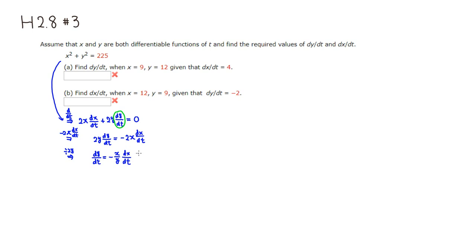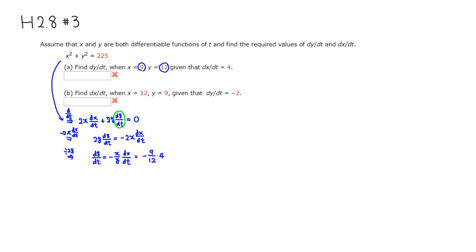In this case we can see that x is given to be 9, so we put 9 here. And y is also given, and it's 12, so put 12 there. And dx over dt in this case is 4, so we put 4 there.